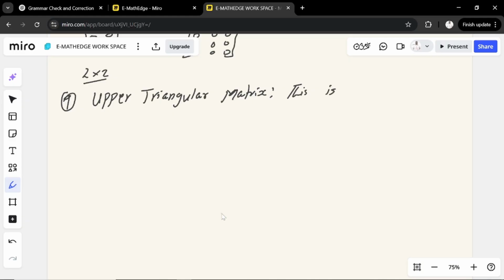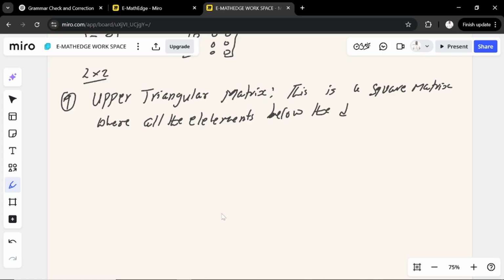This is a square matrix where all the elements below the diagonal are zeros.